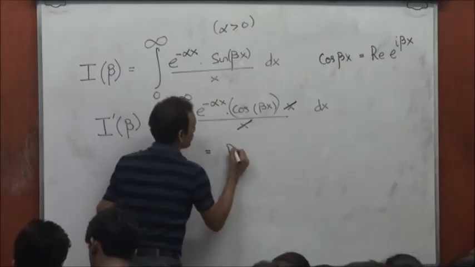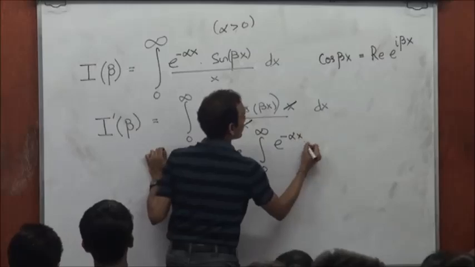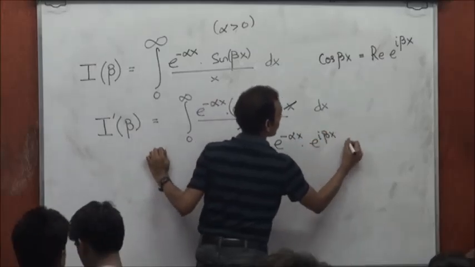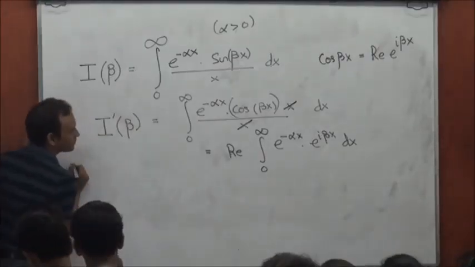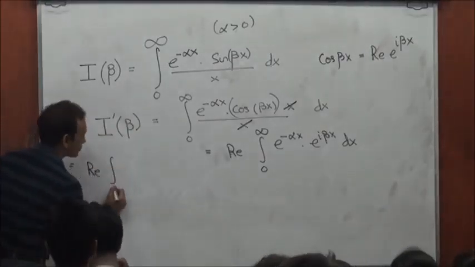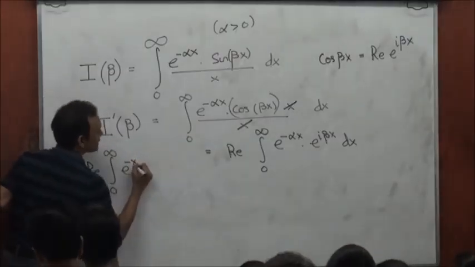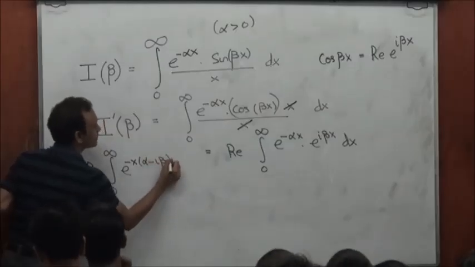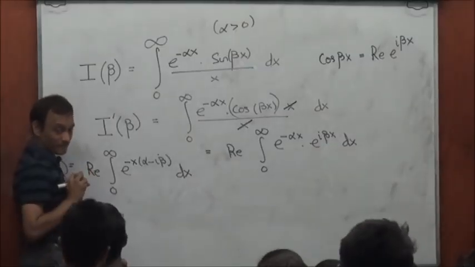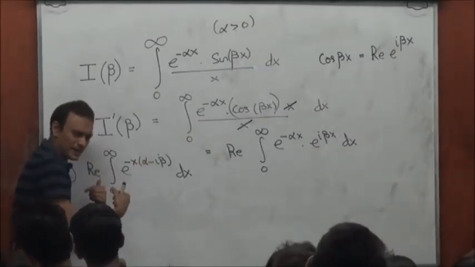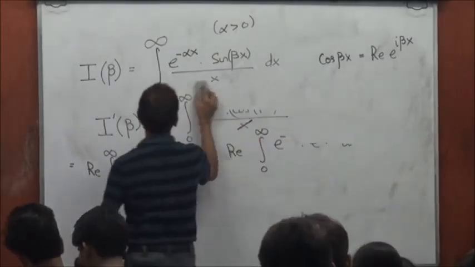So this is the real part of the integral from 0 to infinity of e^(-x(alpha minus i beta)) dx. This is all I dash beta.